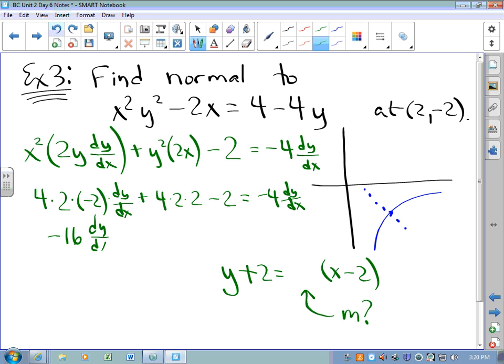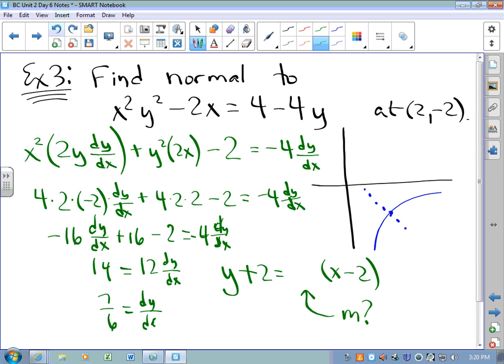Negative 16 dy/dx plus 16 minus 2 is negative 4 dy/dx. So bring the negative 16 over. And so dy/dx is 7/6. That's the slope of the tangent line. I need the slope of the normal line, so I take the negative reciprocal and I put a box around it.